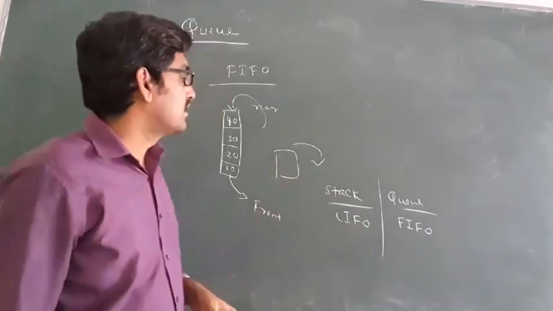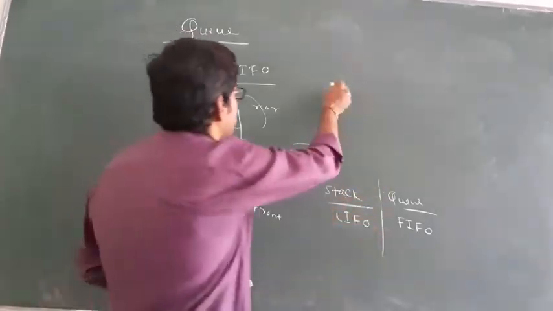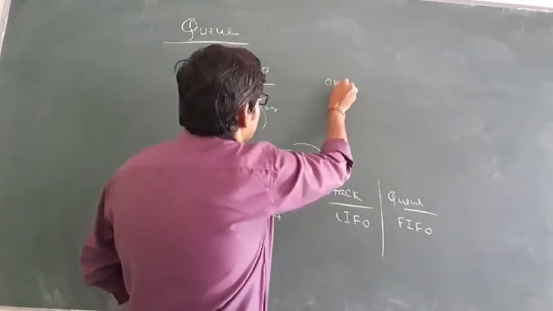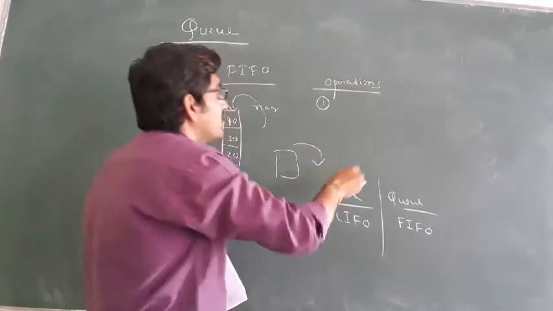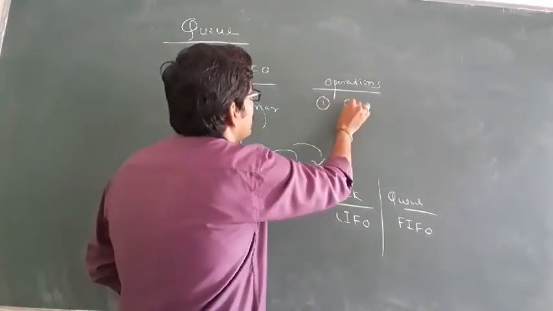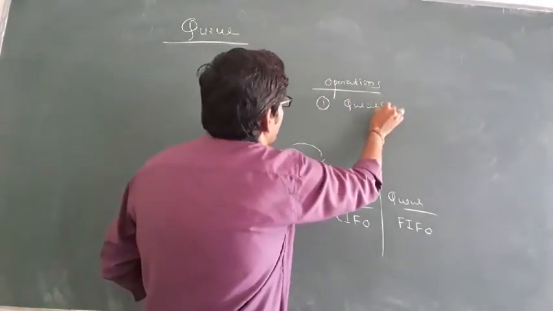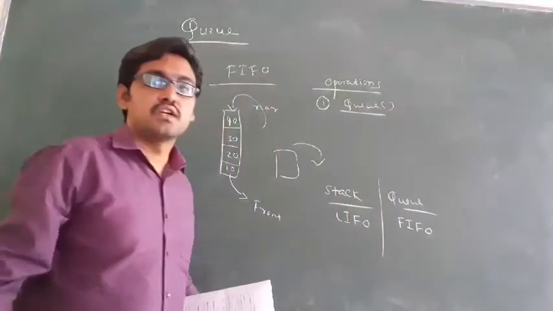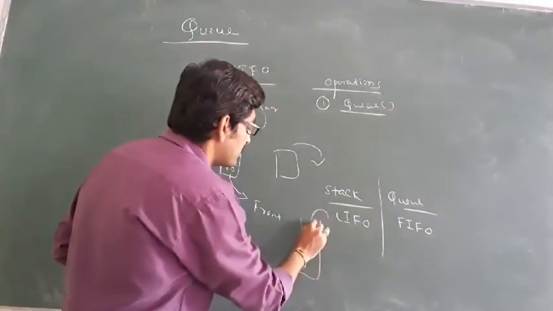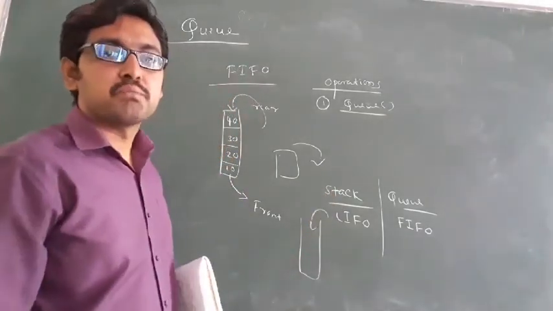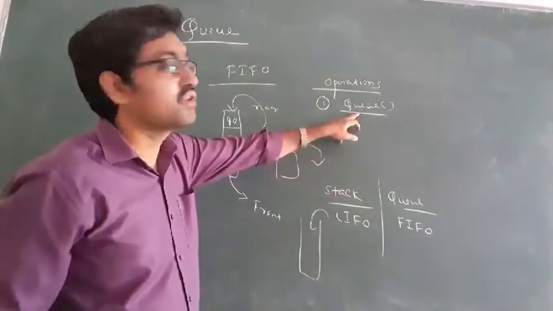Then last class we discussed the operations on a queue. What are the operations on a queue? The first operation is the queue creation, which means an empty queue. If you want to insert an element, you must first create a new queue.